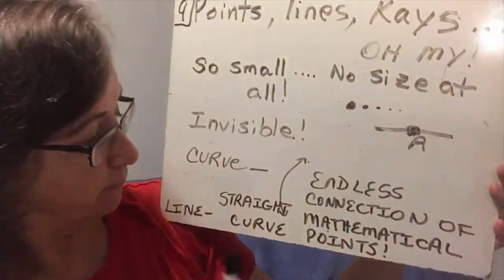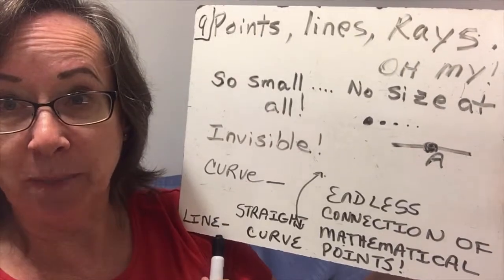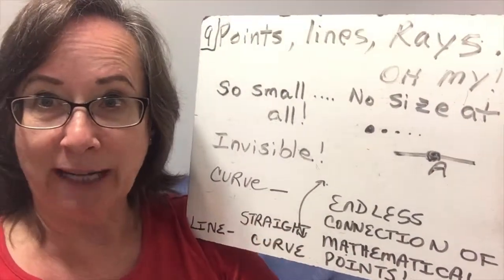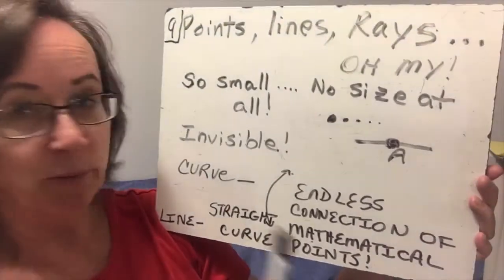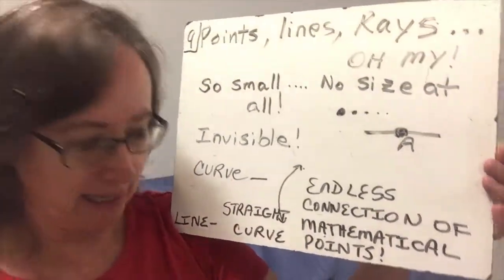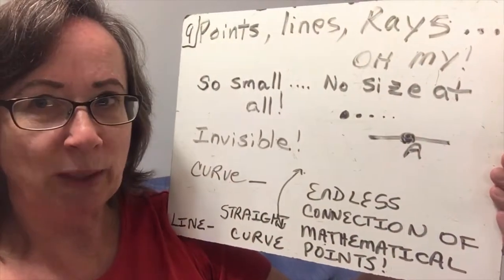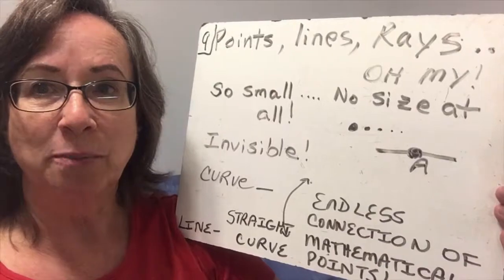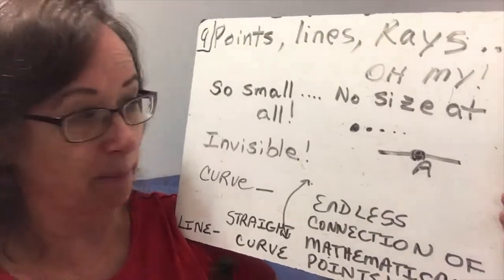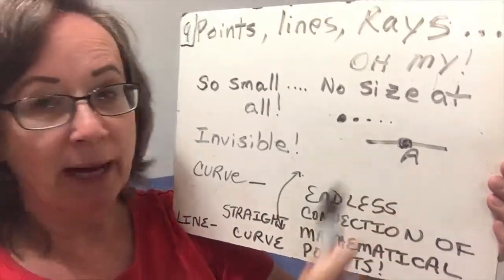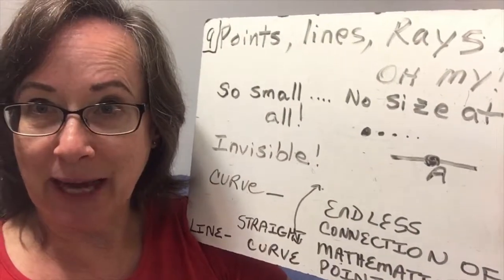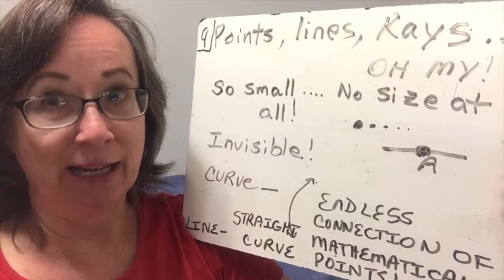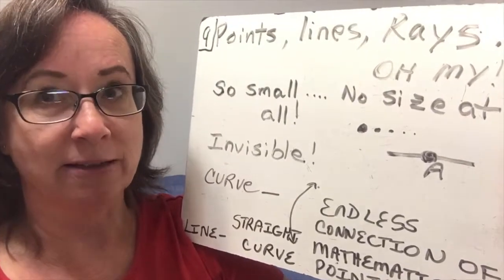Okay, so a line would be a straight curve. So I would have to straighten that out and make it a straight line, and that would be the concept of a line. So because we cannot see these lines and points, we have to mathematically draw them with some thickness and a marker. But we all understand mathematically we cannot see that line in reality. It's a bunch of points that we can't see.